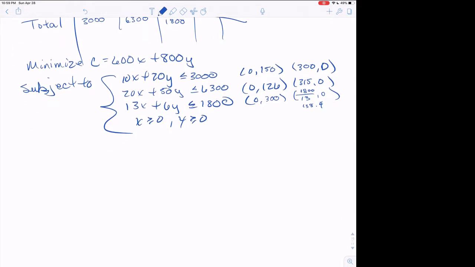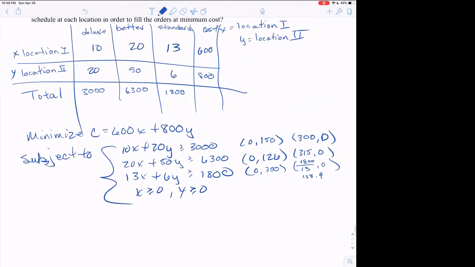Now, what I'm going to do, I knew I'd do this. Each of these are not less than or equal to. These are all greater than or equal to. I knew I'd do that.